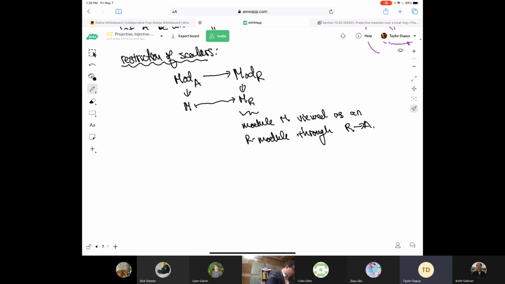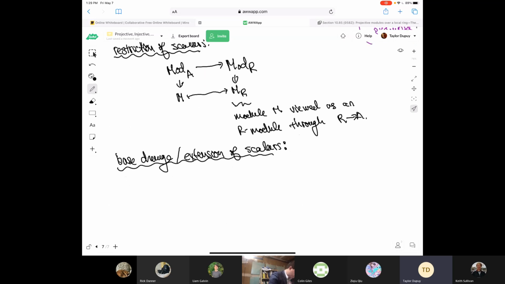Okay, and then there's the other one, which is base change or extension of scalars. This is one that comes up.